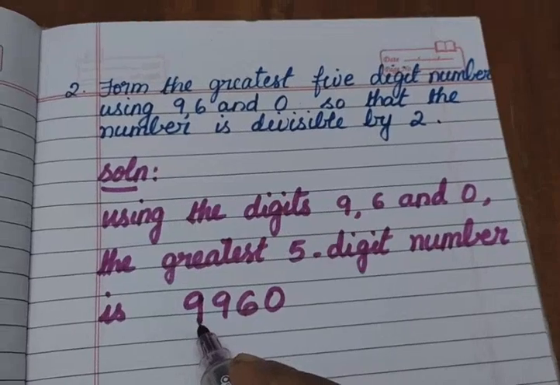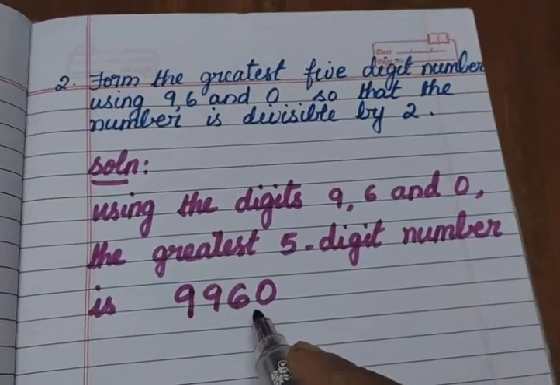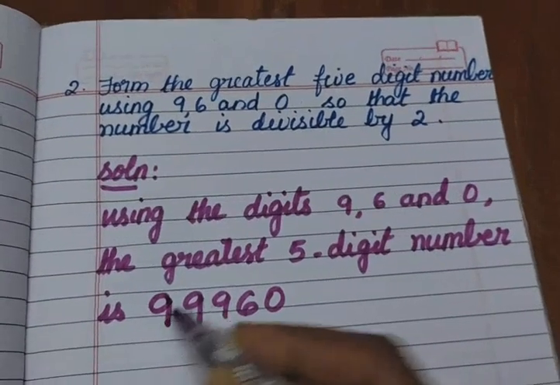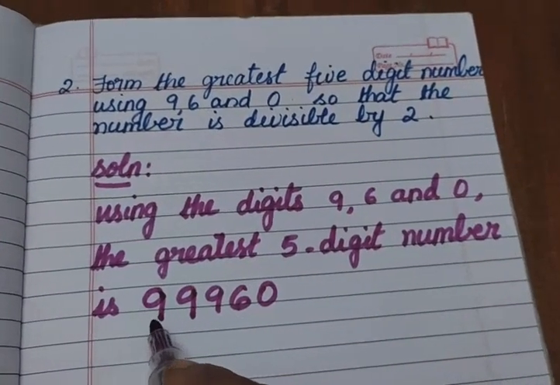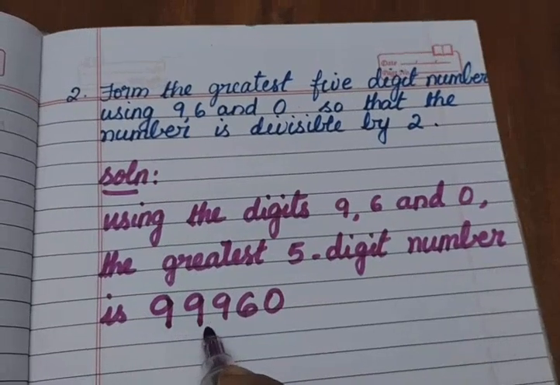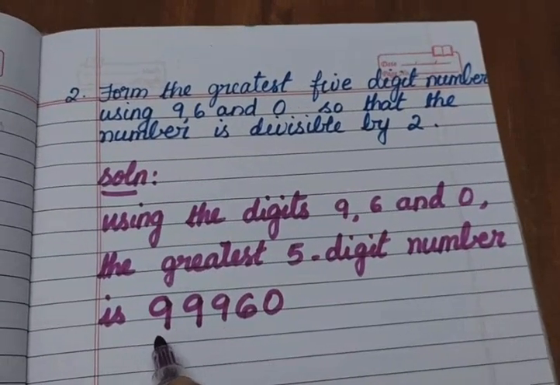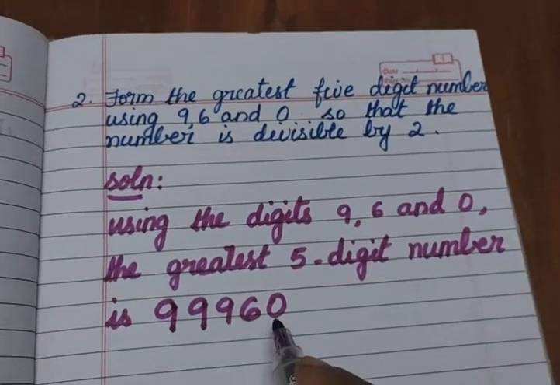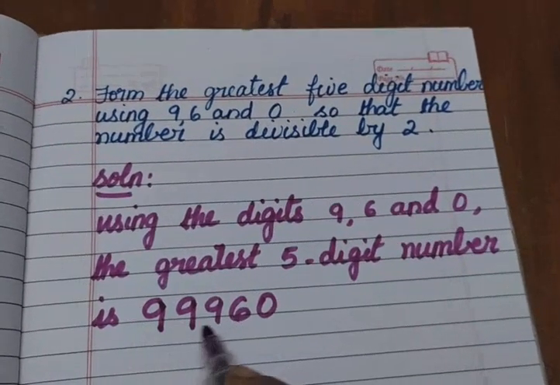Now it's a 4-digit number, so we write one more 9. The greatest digit is repeated 2 times. Now it's a 5-digit number.